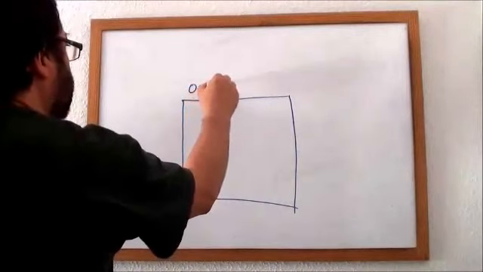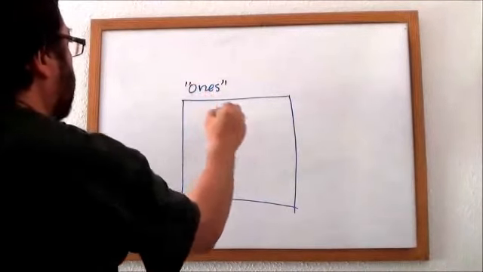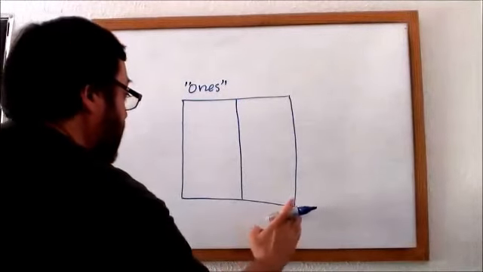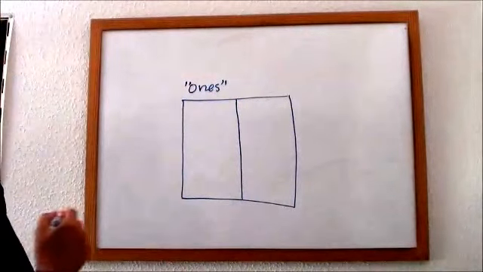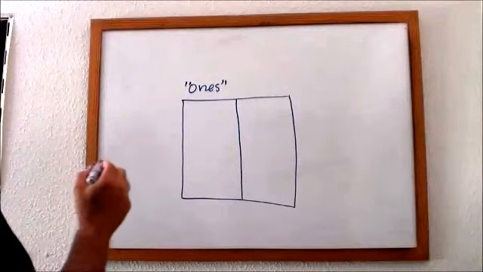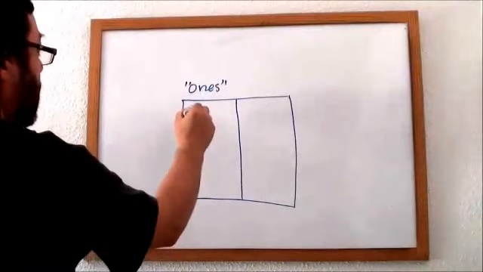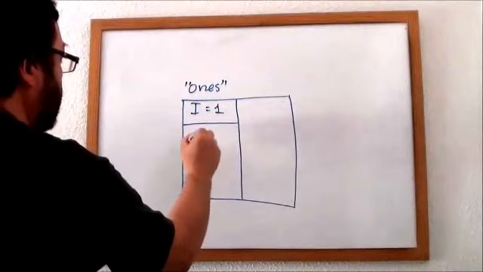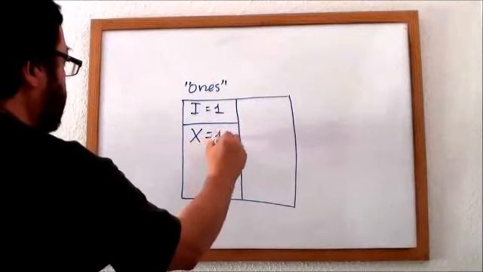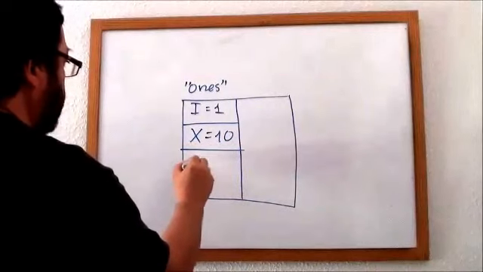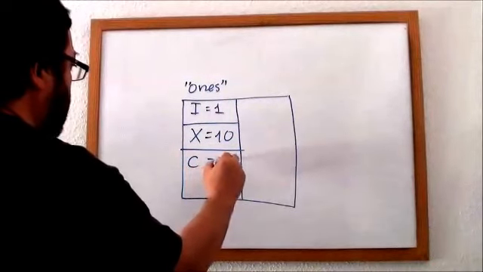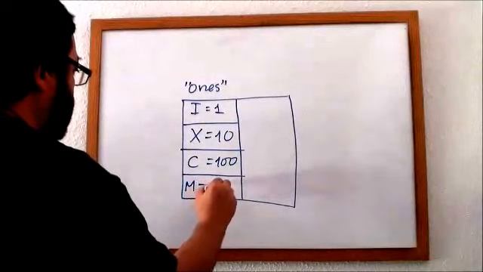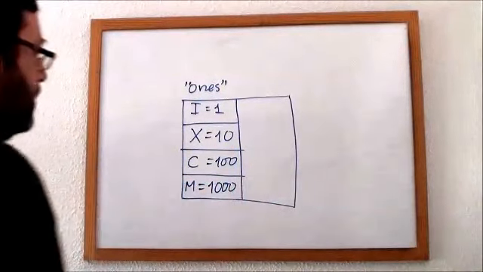The 1s, and I write this in quotations because it's not its real name, they don't have a real name. It's just a name I made up for this video. So the ones are letter I, which equals 1, letter X, which equals 10, letter C, which equals 100, and letter M, which equals 1000.